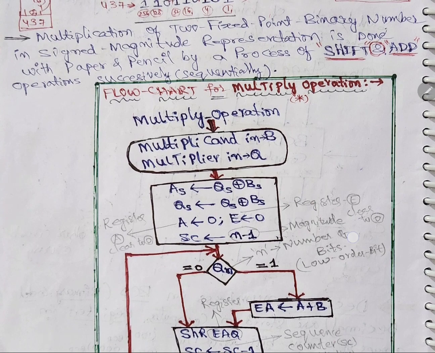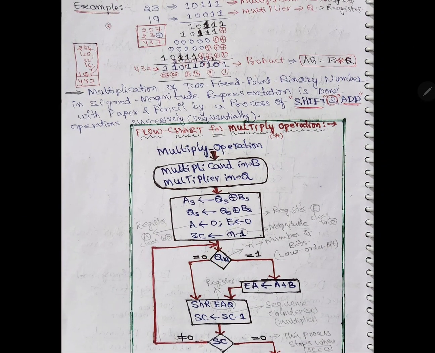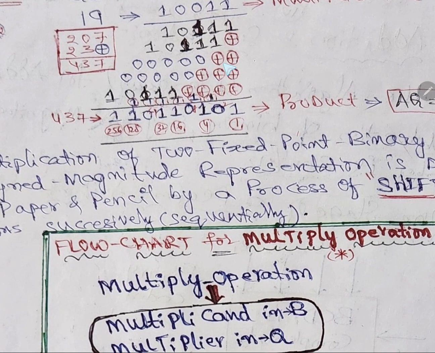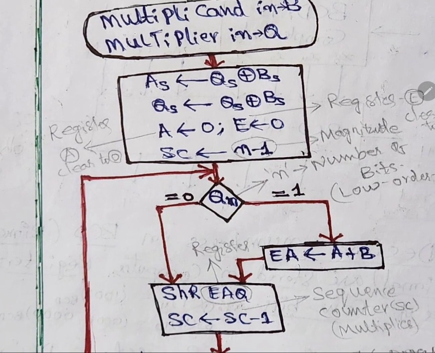Very simple. If it is 0, then this will be shifted right. I'll remove this. See here, this will be shifted right. If you know these basic things, the diagram will be very easy.